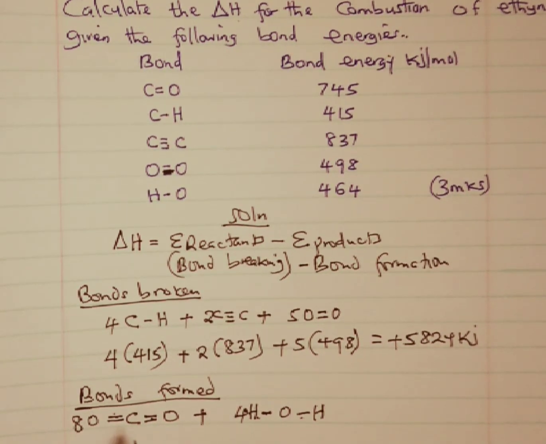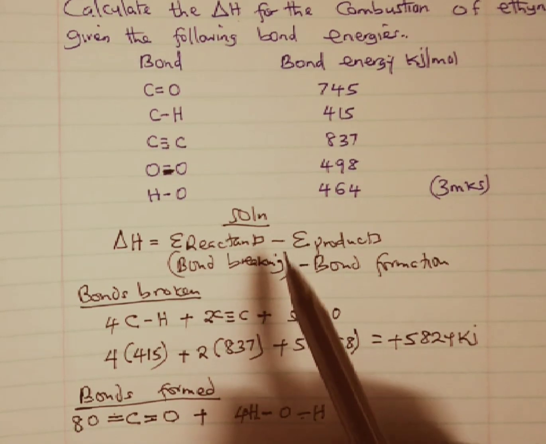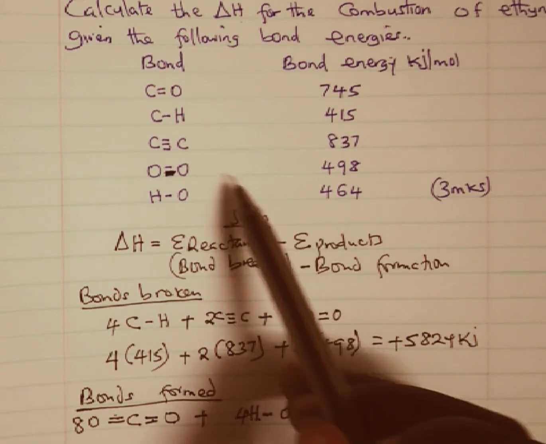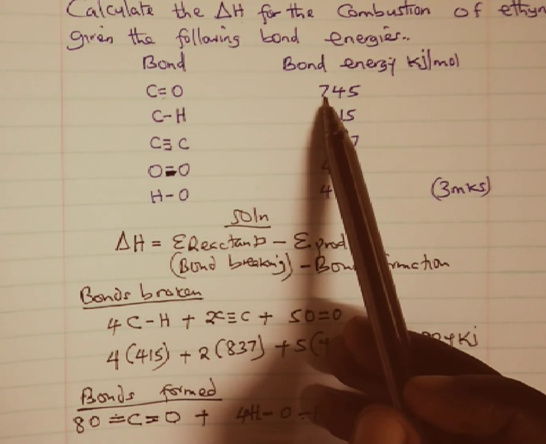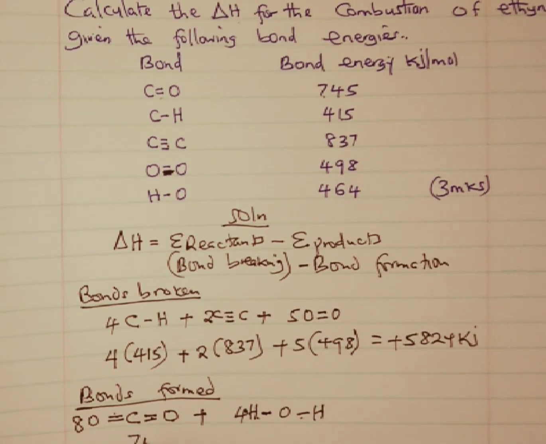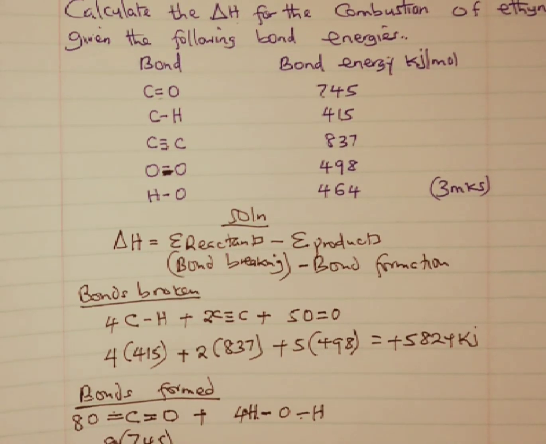So in this case, 1 mole of carbon-oxygen double bond requires a total of 745, but since we have 8 of them, we are going to multiply by 8.